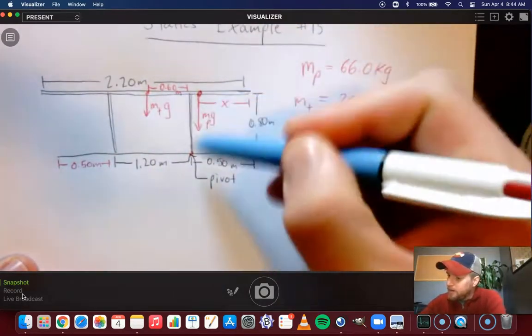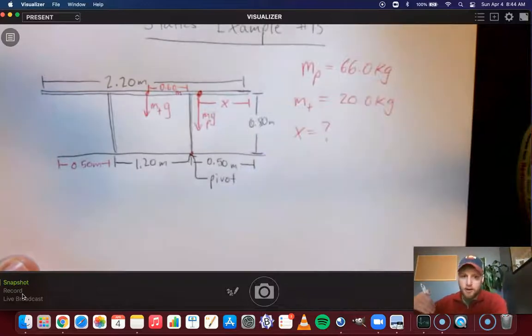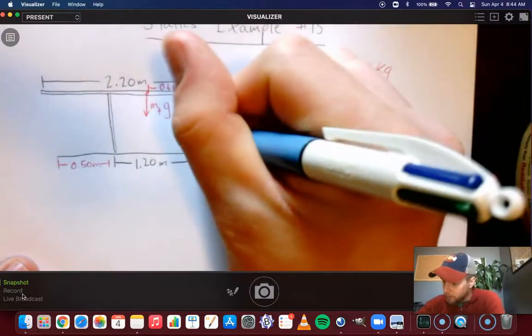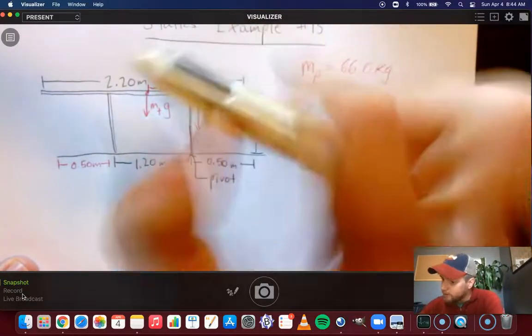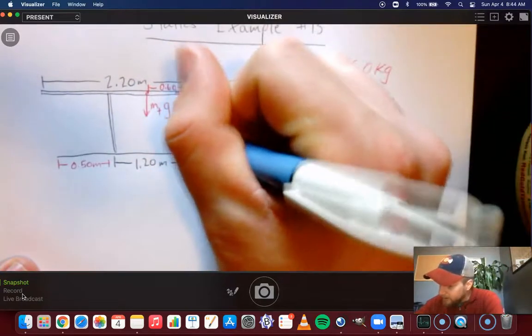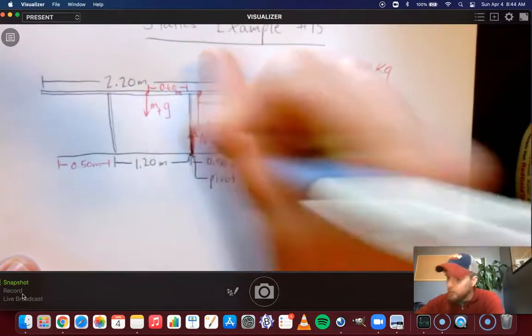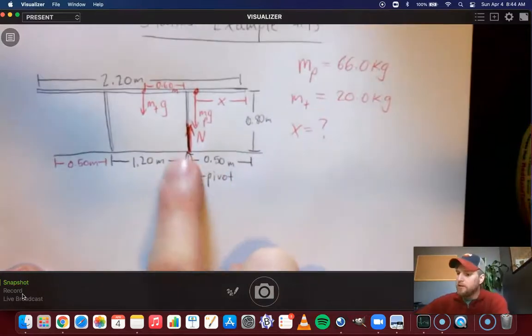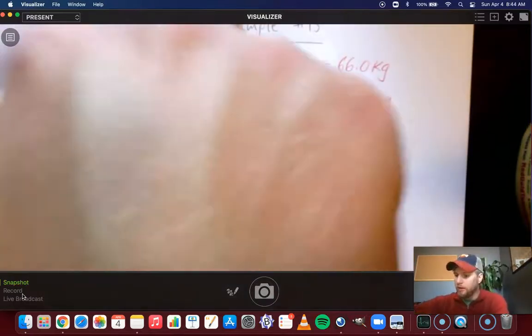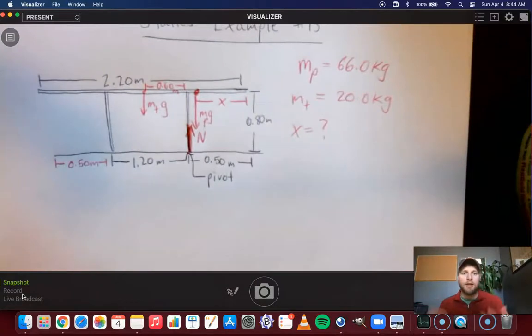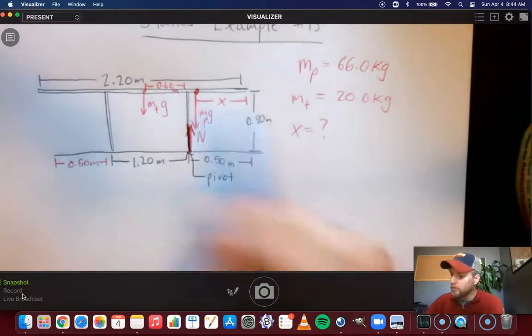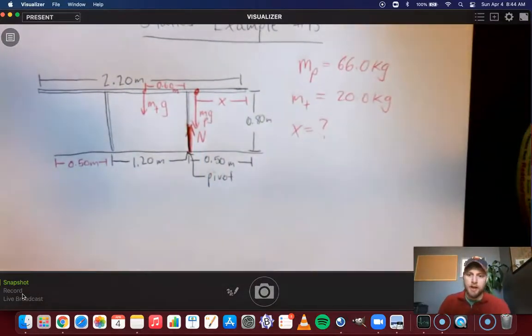Both of these are going to push down on the ground, and this table leg is going to push up with some kind of normal force. This is pushing up, these both are pushing down about this pivot point, and we need to figure out where this person can sit so that the table just doesn't tip over.